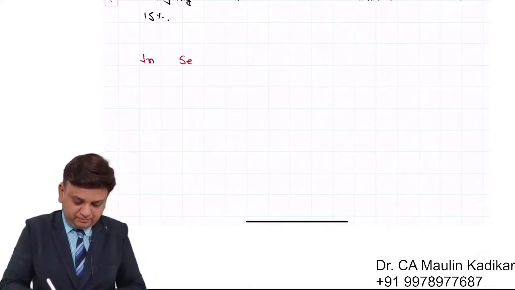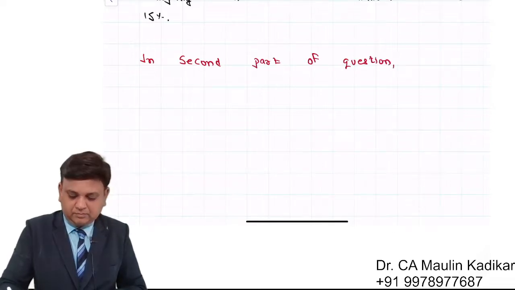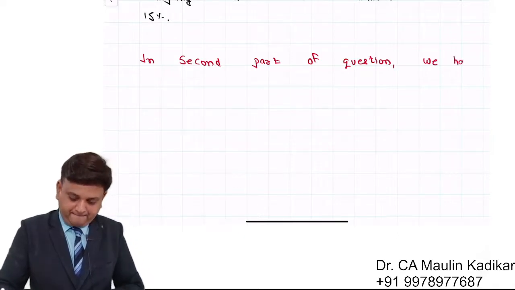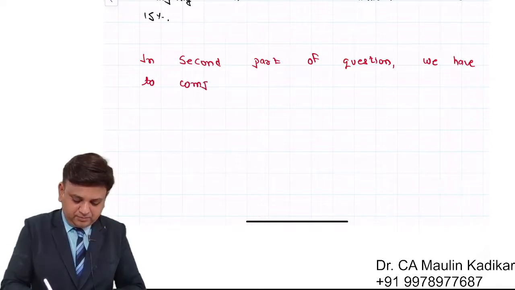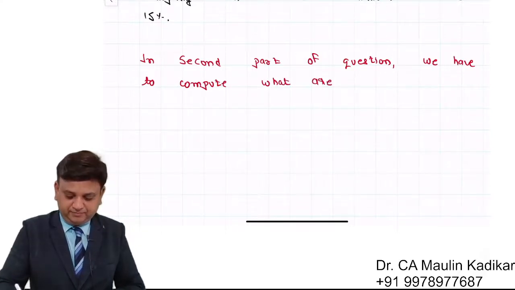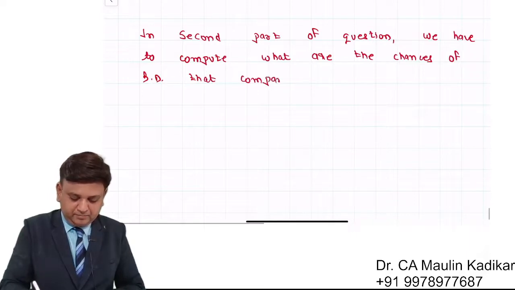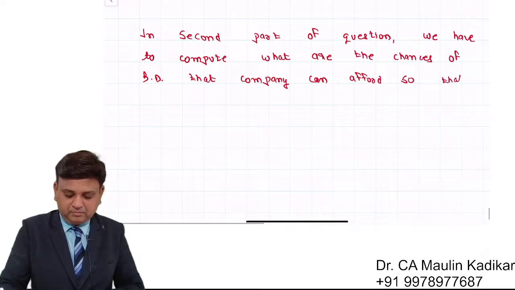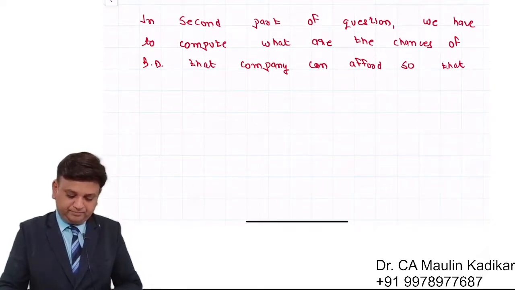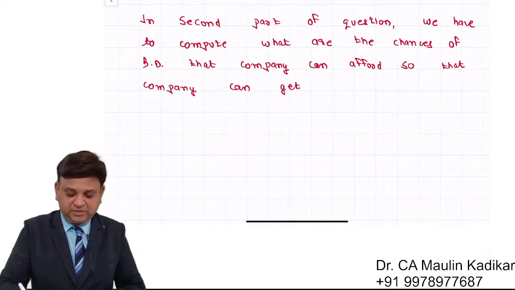In the second part of the question, we have to compute what are the chances of bad debts that the company can afford so that the company can get 30% return.